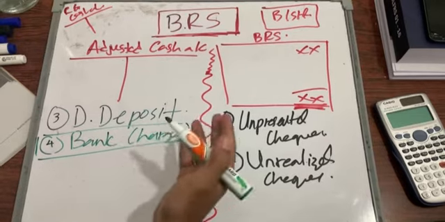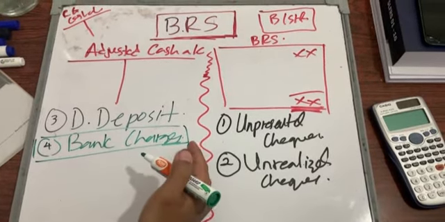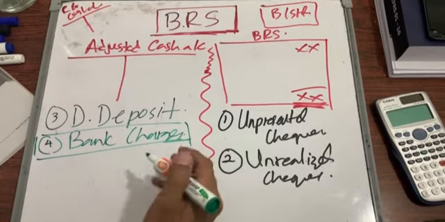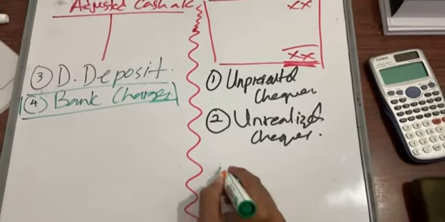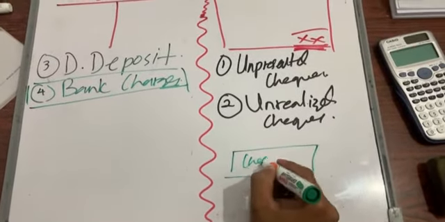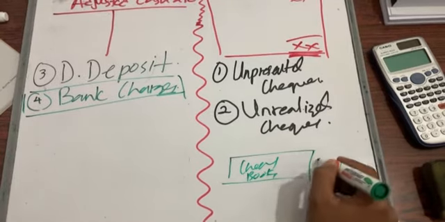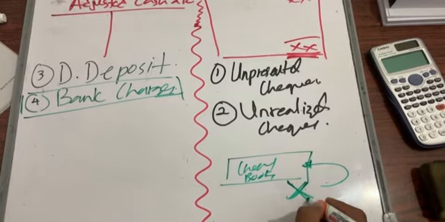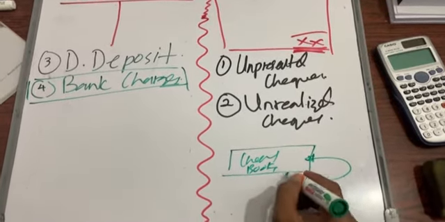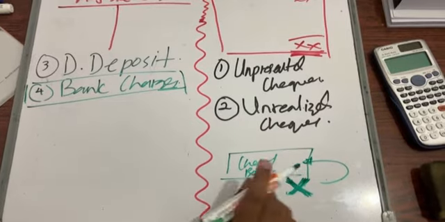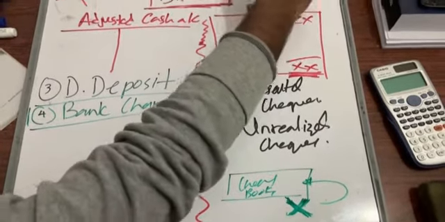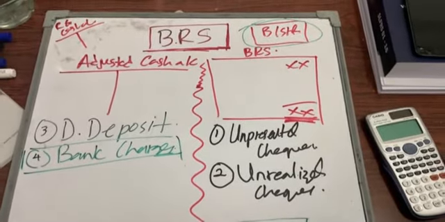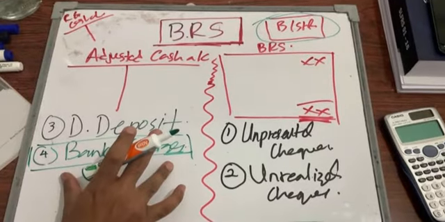For their services, they will charge an amount as their fee. For example, they will provide us checkbooks. They won't provide checkbooks free of charge. For that particular checkbook, they will deduct the respective amount from our bank account. Those types of charges will be included under bank charges.